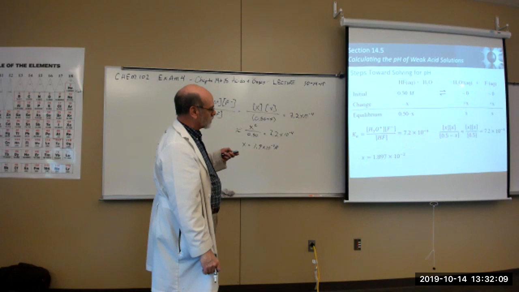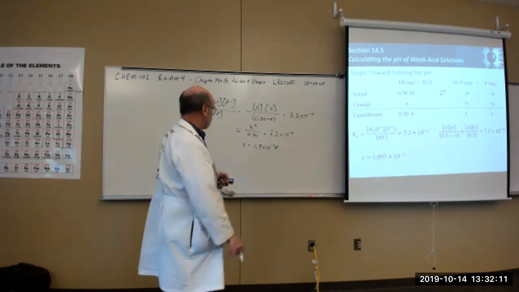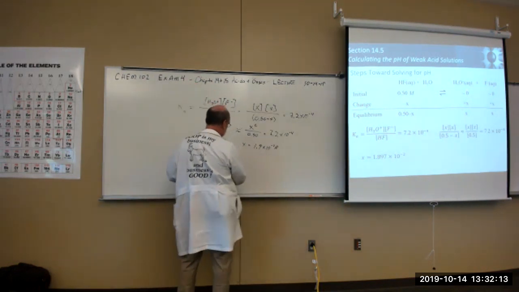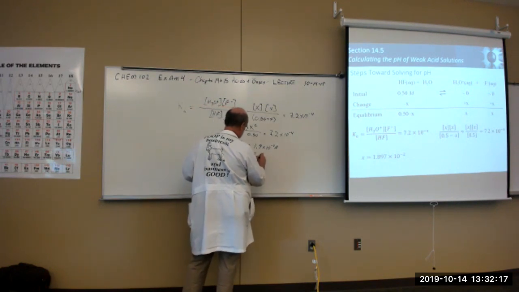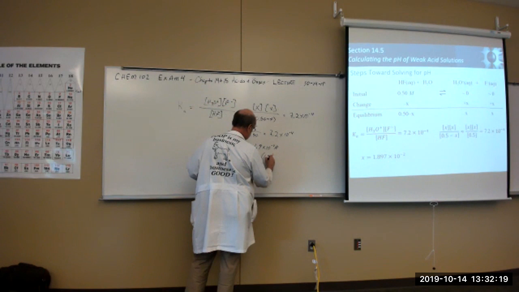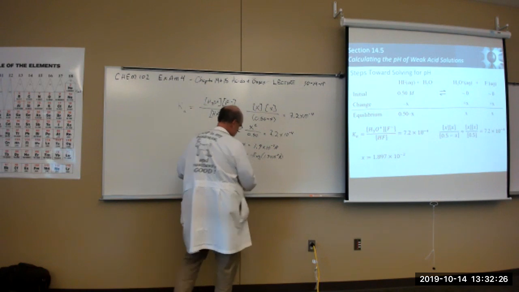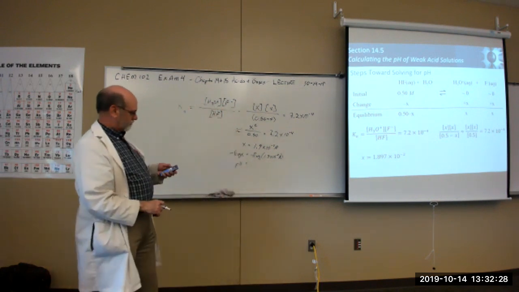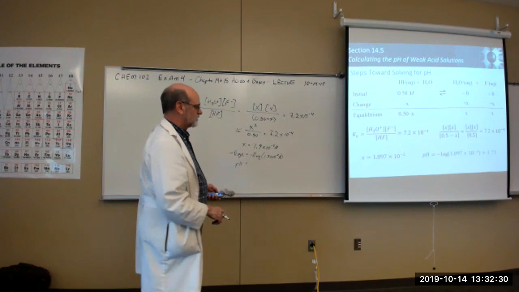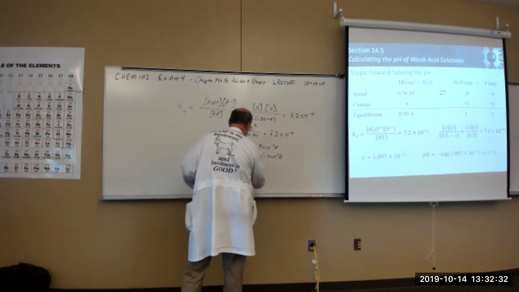So X is equal to the hydronium ion concentration. We could use this value to do the negative log of X equals the negative log of this value. And that's pH. And we get a pH of 1.72.